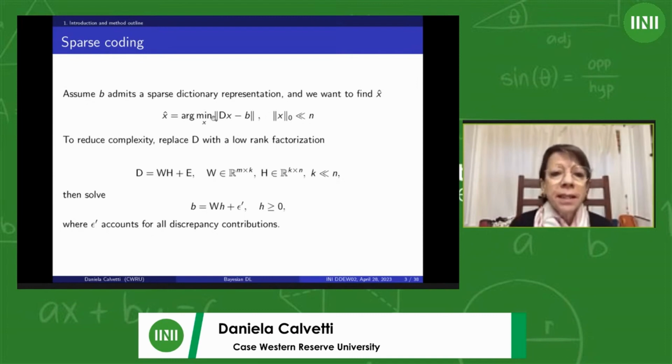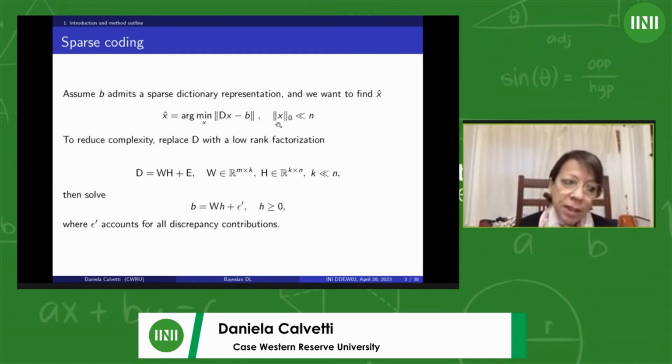So let's say that we are assuming here that it is possible to represent b with just a few of the atoms in D. So our task is that we want to actually minimize the norm of the discrepancy, the difference between Dx and b, restricting this to solutions whose support is small.